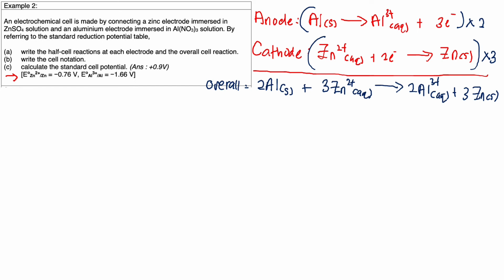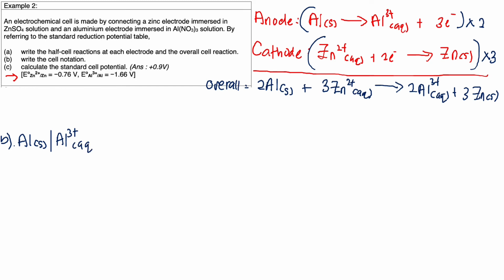Let's proceed with B. Now, B, we need to write the cell notation. So we know to write the cell notation, we need anode, salt bridge, and cathode. Our anode here is aluminium. Aluminium solid, separate, aluminium ion.